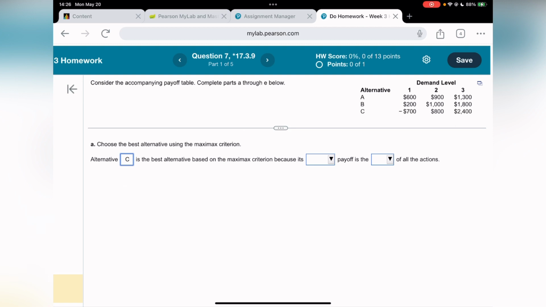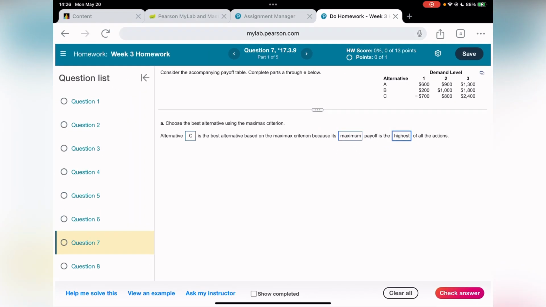Okay, because it is the maximum payoff of highest all actions. Okay, well done.